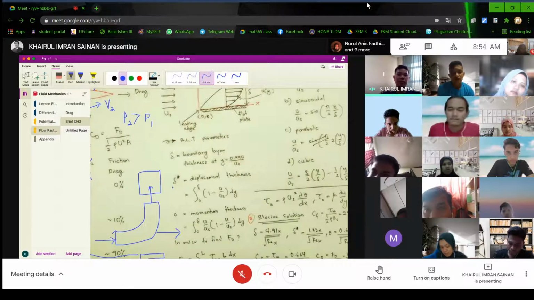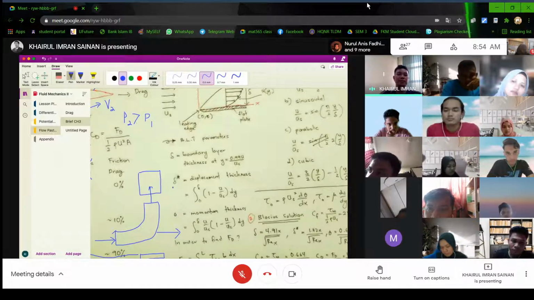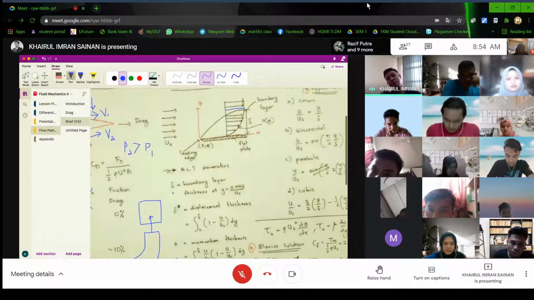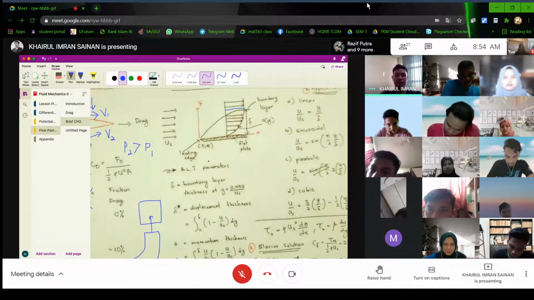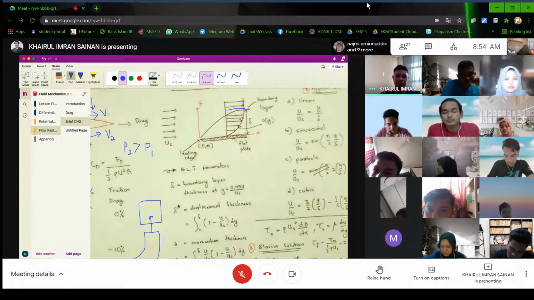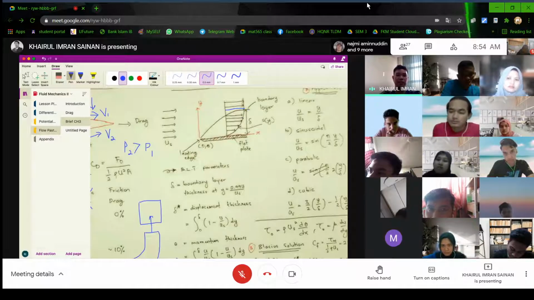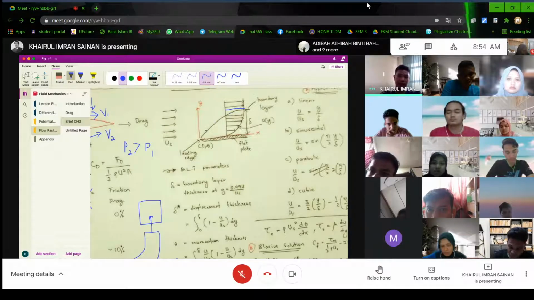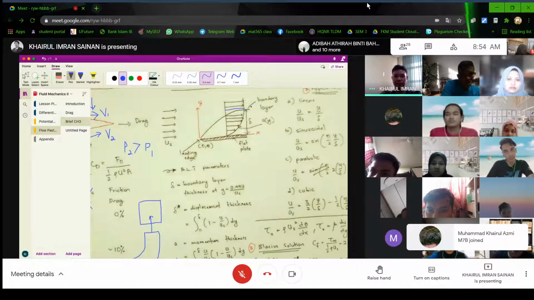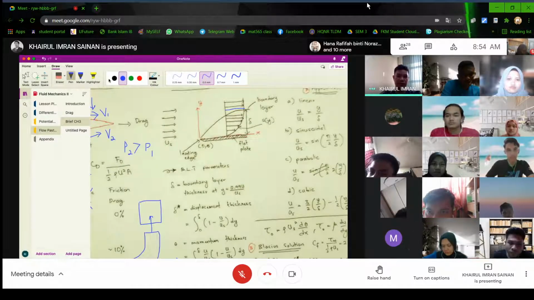And next we have what we call the displacement thickness. First I need to talk about the boundary layer. This black line is the boundary layer. So let's say it's delta 3, for example.